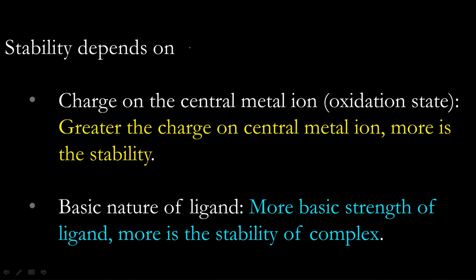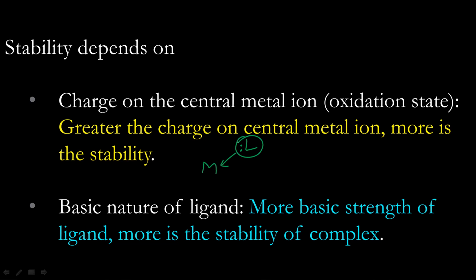But what I am saying here, you have a metal here. If you have a ligand here and it can donate its electron to form the coordinate bond, then the complex will be more stable. If the ligand cannot donate the electrons, the coordinate bond will not be formed, and it can donate the electrons if it is more basic.